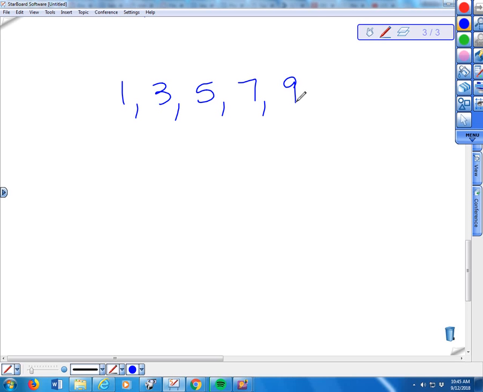Could you make a prediction on what the next number is? 11. Okay. What about the next number? 13. So we're increasing the first number by 2, right? And we're adding 2 every time. And so on.